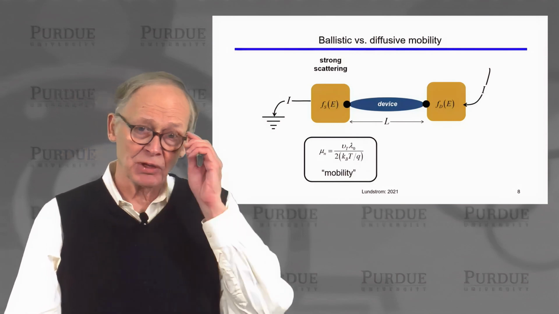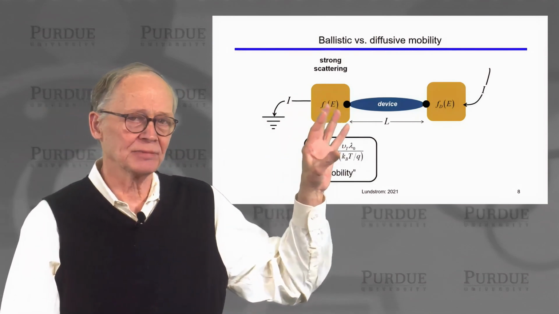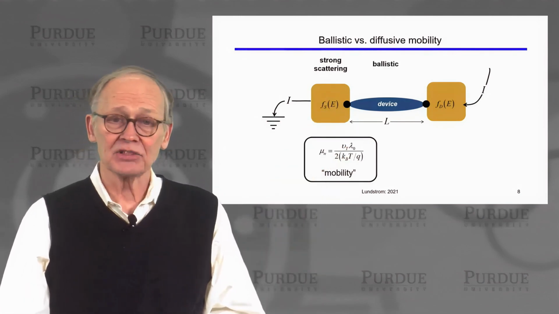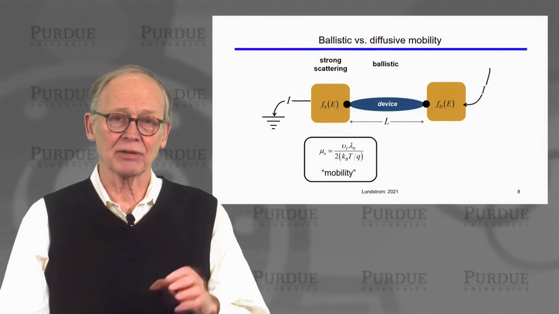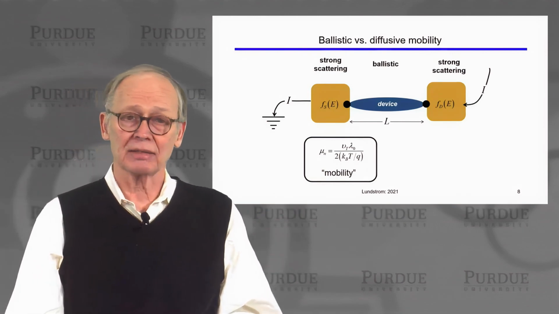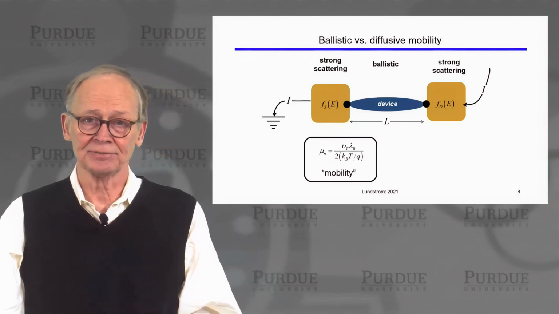What happens in a ballistic MOSFET? Well, we have strong scattering in the reservoir of electrons at the source. Electrons enter the channel and go across the channel ballistically and do not scatter at all. After traveling a length L, they enter the second electron reservoir where there's more strong scattering, and they quickly scatter again.